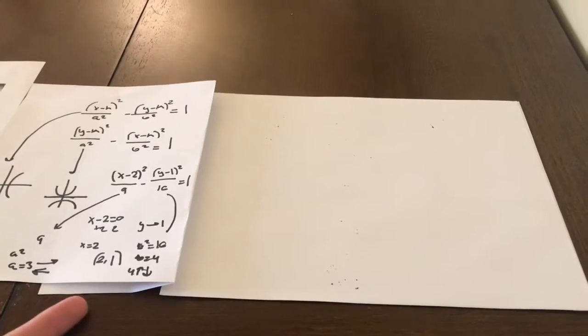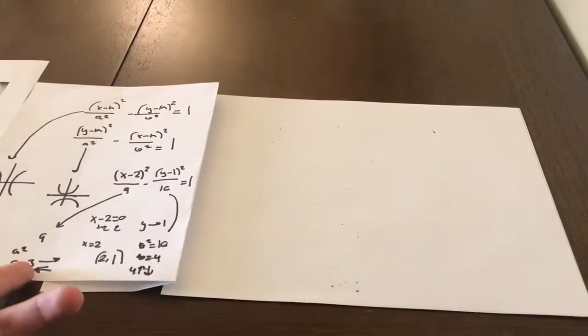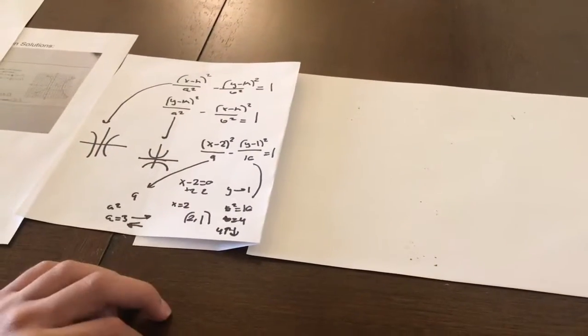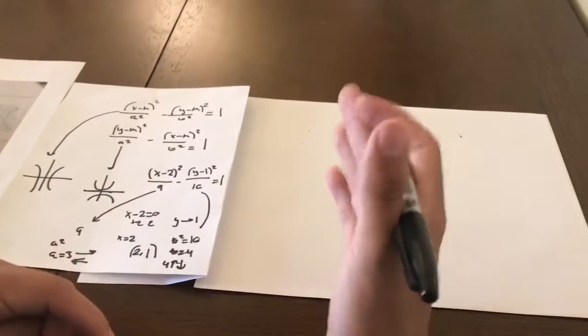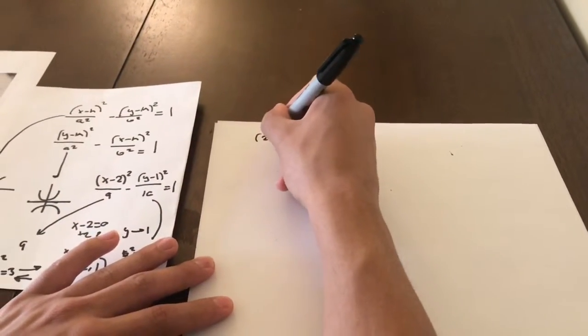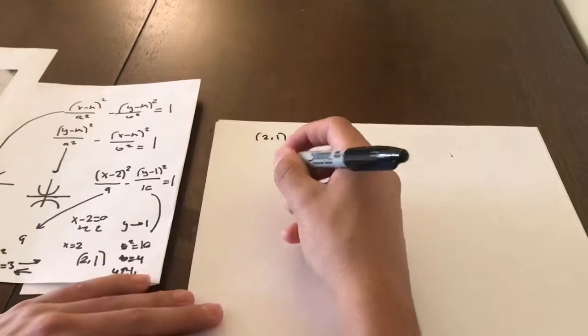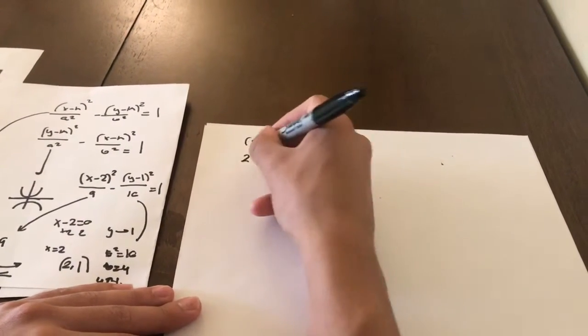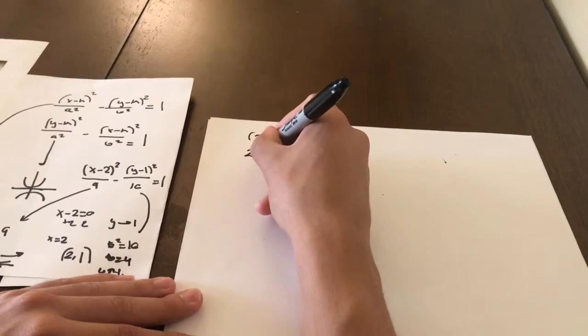Okay, so you have your center, and you know what direction you're going. Using these two pieces of information, you can find your vertices. So how do you exactly do that? Well, first you take your center, which is (2, 1), and then you go about your process. For the a value, it will be 2 plus or minus 3, 1.